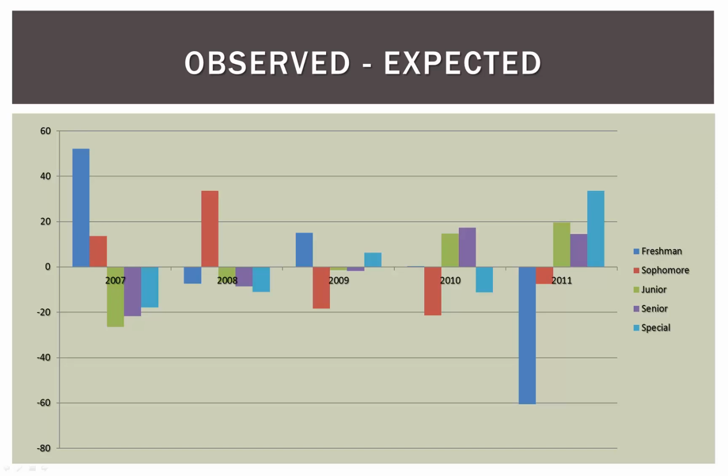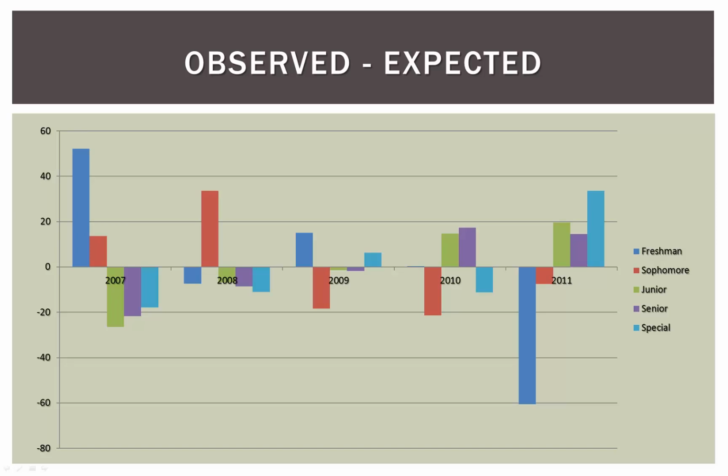So you can see we have some very stark differences, especially as it pertains to freshmen. So in 2007, we observed way more freshmen than we expected, and in 2011, we expected many more freshmen than we actually observed. Now, if we go back and look at the enrollment data, we could probably see why that was. Now go ahead and pause the video for a second and take a look at these differences.